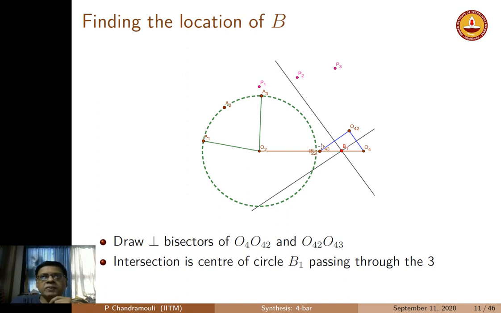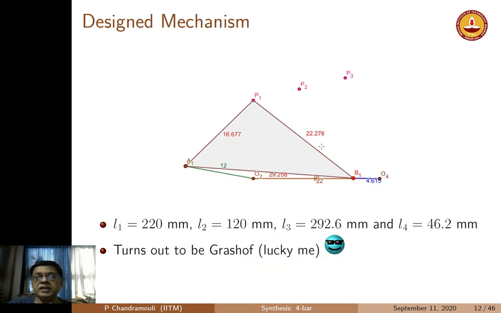Then we assumed as though the coupler was fixed at the position A1, P1, and using the principle of inversion found out what positions O2 will move to corresponding to P2 and P3, and then we got the other floating pivot location B. So once we have that, we have the design here.